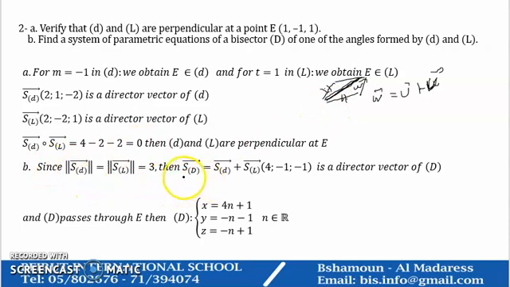So I can determine the director vector of the bisector by using the sum of the director vectors of D and L, which gives us (4, minus 1, minus 1). And this line, of course, passes through the point E. So the parametric equations of the straight line are x equals 4n plus 1, y equals minus n minus 1, and z equals minus n plus 1.